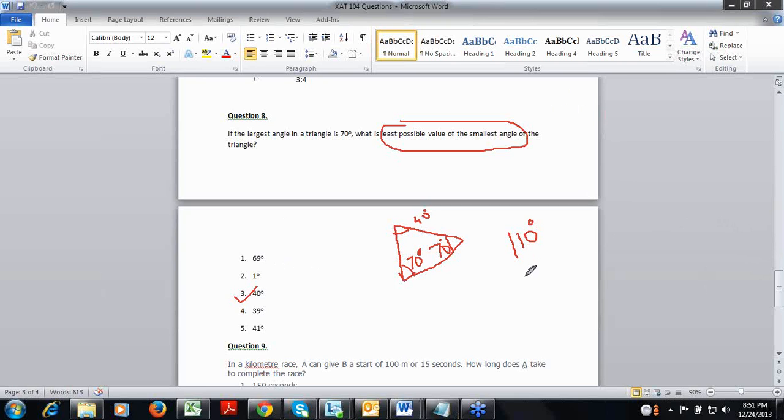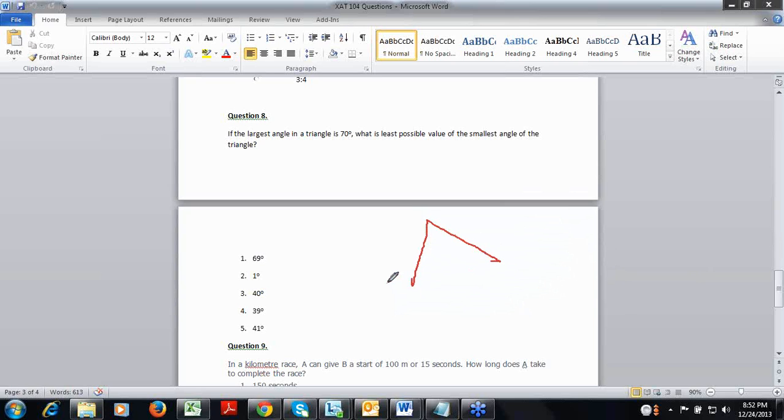Rajesh is asking why it should be an isosceles triangle. So if they are saying the least possible value of the smallest angle, if it is not an isosceles triangle, suppose this value is 69 degree, so what it will be? It will be 41 degree. So it won't be the least possible value. See, I'll show it once again. This is our triangle.